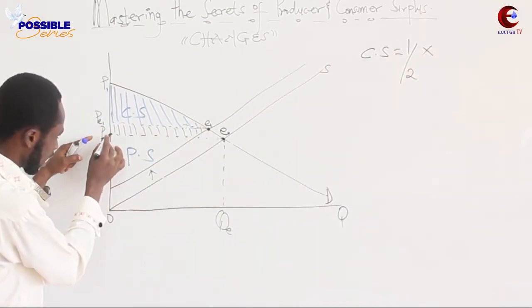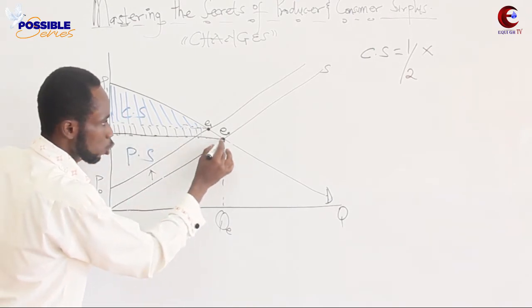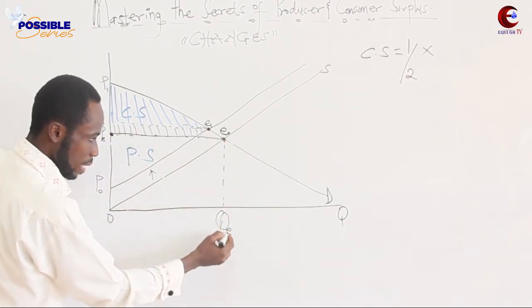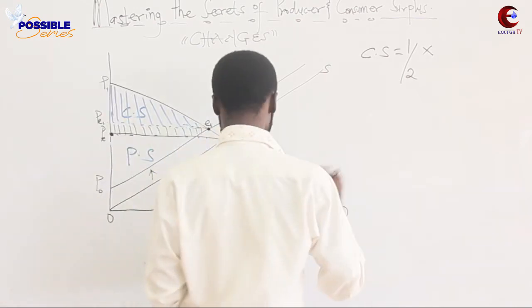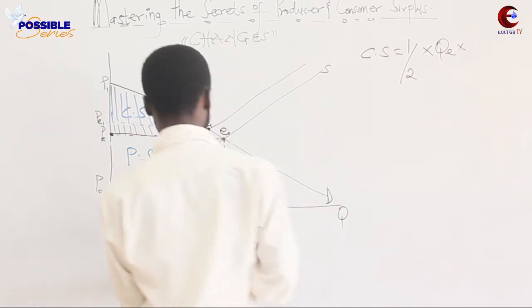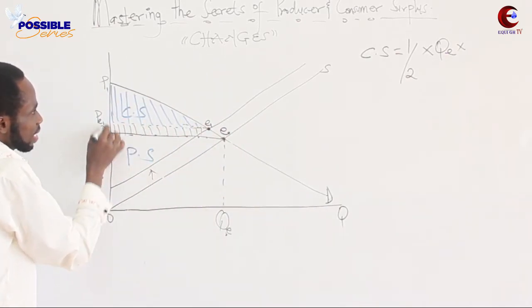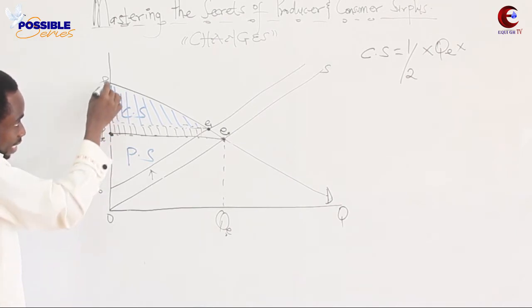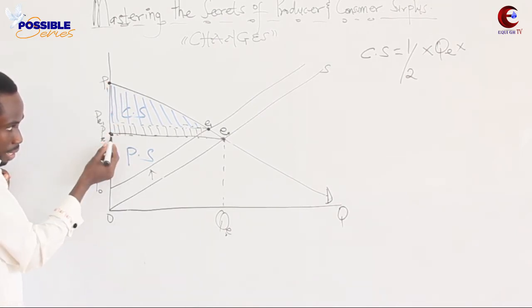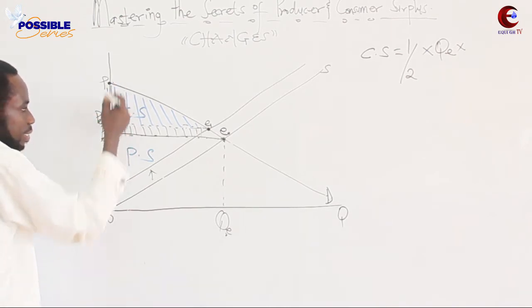The base was, before the change, this one here to here. Equilibrium quantity times height, and the height was these two, before the change, this and this.